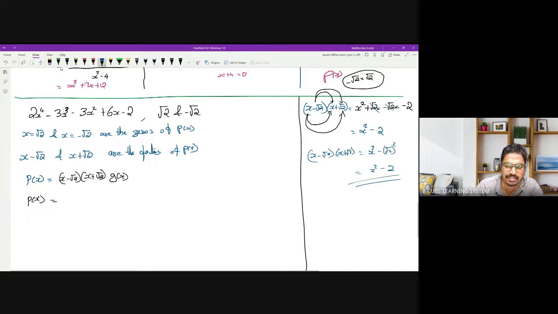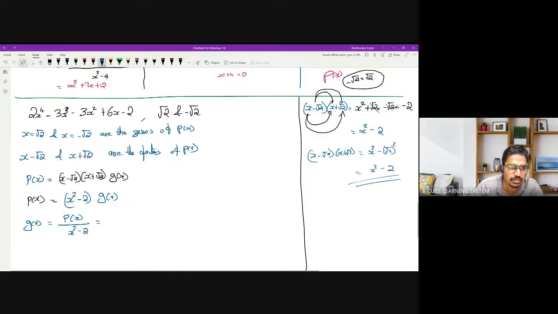So we get p of x is equal to x square minus 2 into g of x, which means our g of x will be p of x divided by x square minus 2.